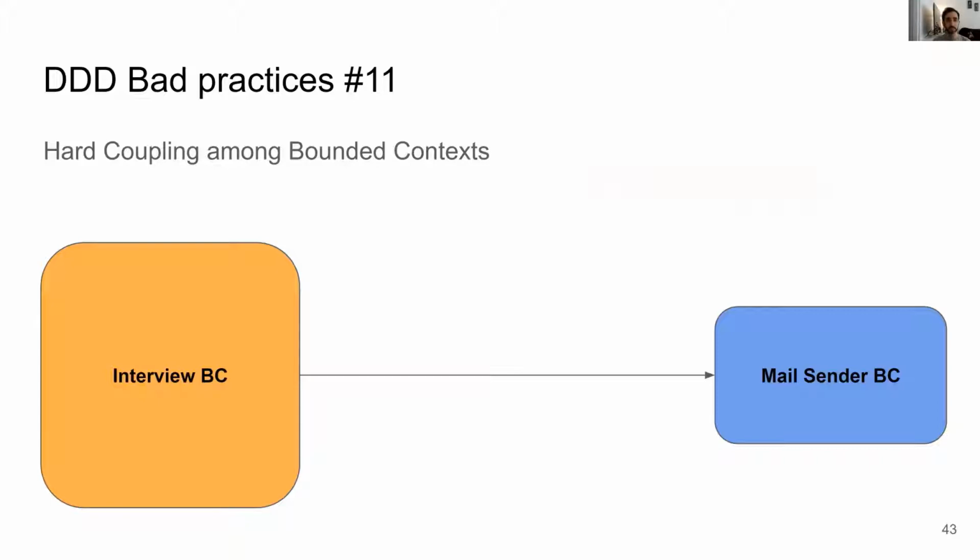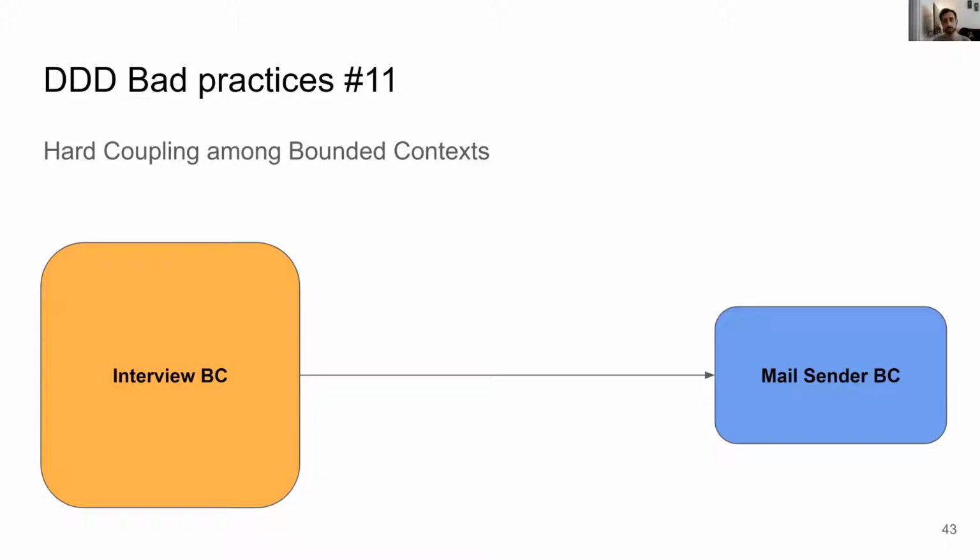So another bad practice is having coupling between bounded contexts. Imagine you have an interview bounded context. When the interview is finished, you want to send an email to human resources to tell them the interview is finished and whether the candidate passed successfully or not.